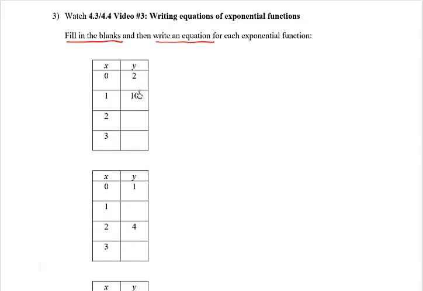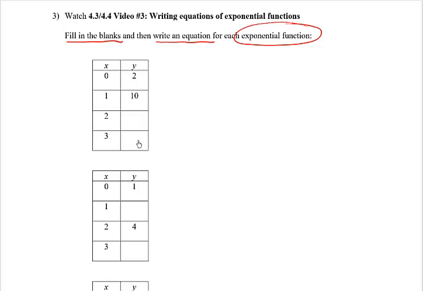Well, let's take a look at this first one. We are told that in these three cases, we are looking at exponential functions. Of course, you might be asking, how in the world can we fill in the blanks unless we already know the equation? Well, this has to do with that pattern we had noticed.